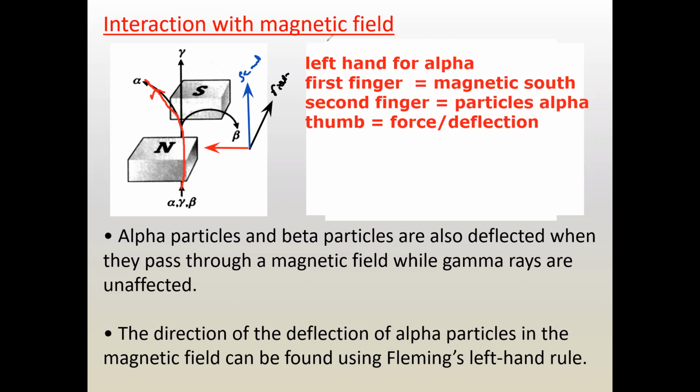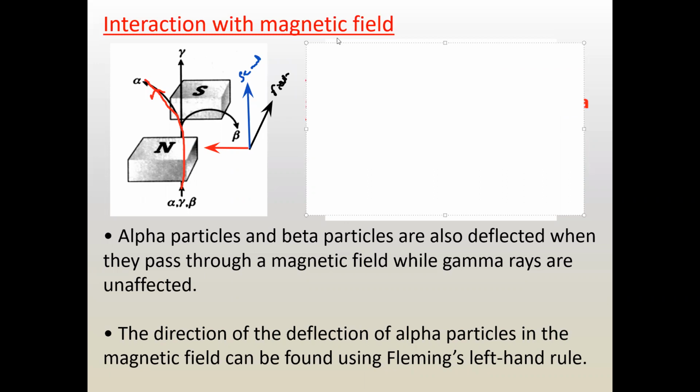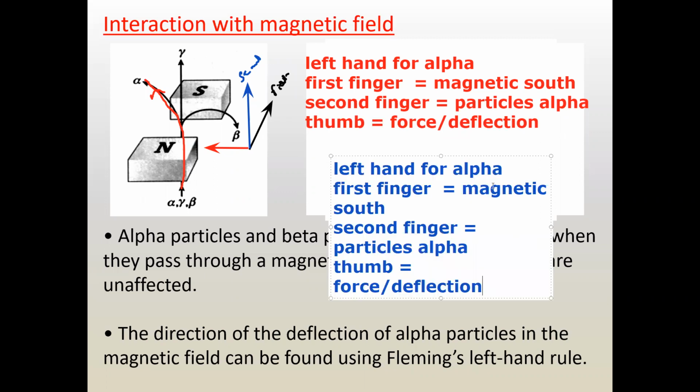And what about beta? Beta will always move in the opposite direction, but you can apply a rule here. For beta, you can use the right-hand rule. The same rule is there, but instead of the left hand, we will use the right hand.